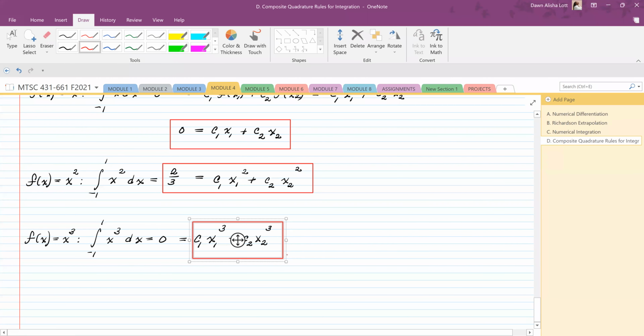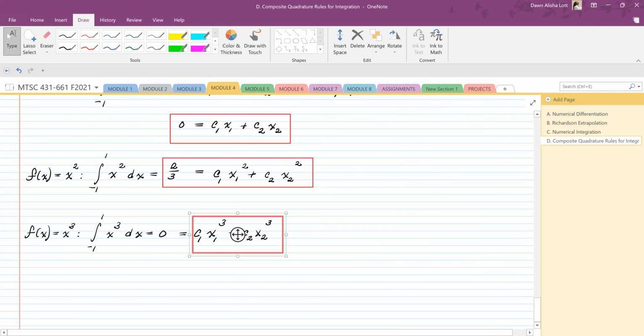Okay. So now you solve all four equations. We have four equations and four unknowns. So we solve using algebra for C1, C2, x1, and x2.